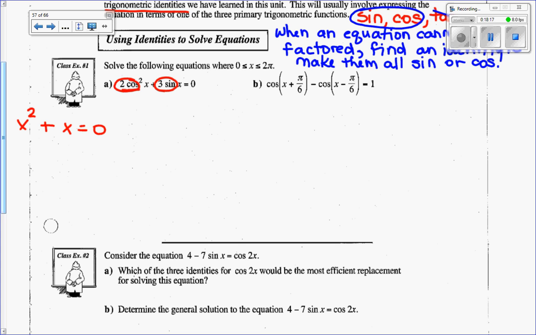But they're different. One is a cos and one is a sine, and I can't factor them or work with them until they're all the same. So I'm going to look for an identity that I can substitute in that will make them either both sines or both cosines. Well, if you look on your formula sheet, 2 cos squared x.